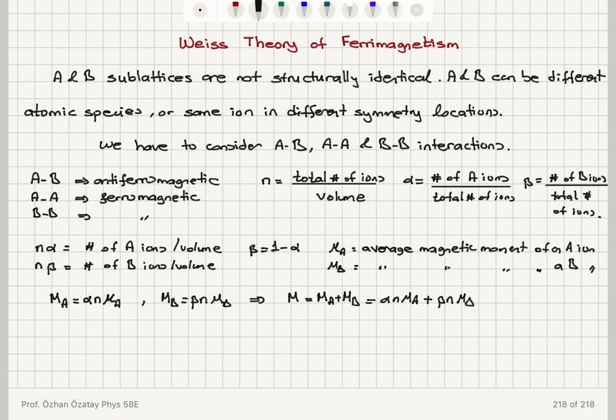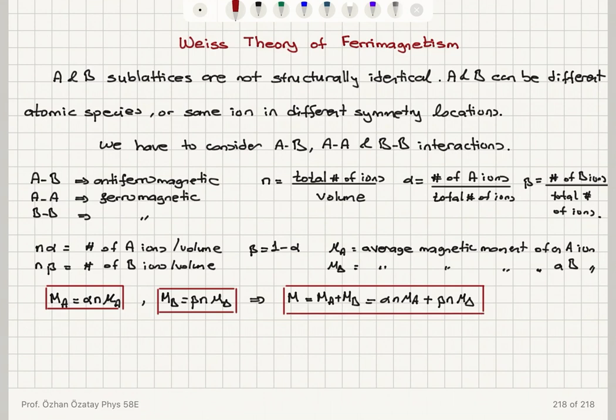Okay, so now that we know the magnetization of the A sublattice, B sublattice, and total magnetization, MA is alpha N mu A, MB is beta N mu B, and total magnetization is alpha N mu A plus beta N mu B. We can write the Weiss molecular field acting on the A sublattice.